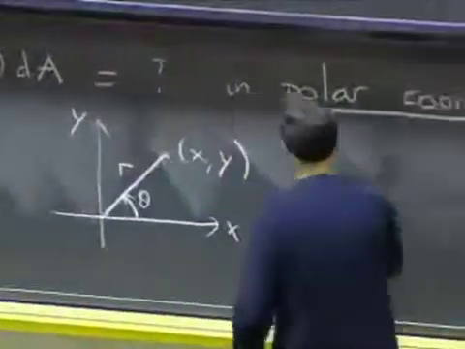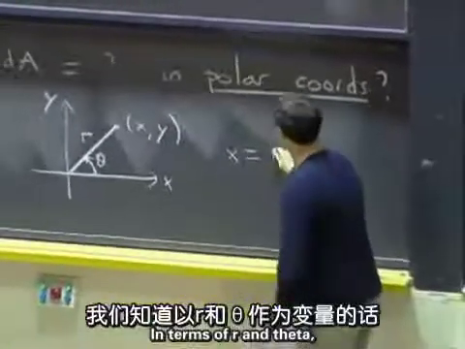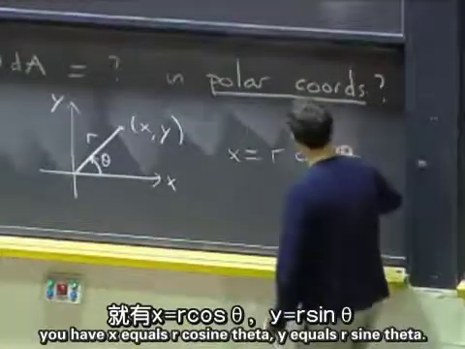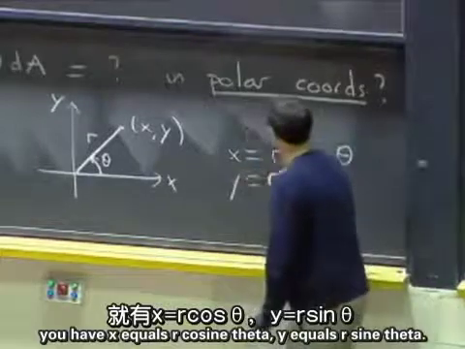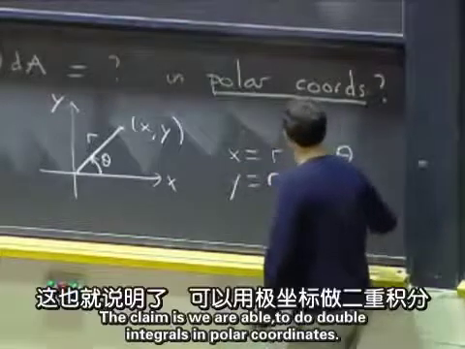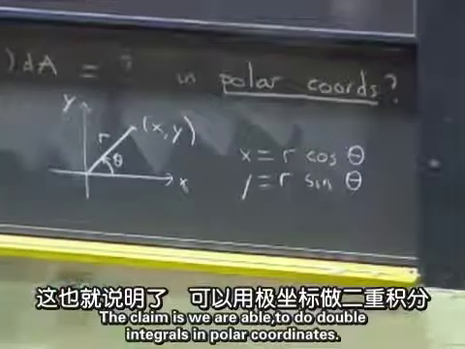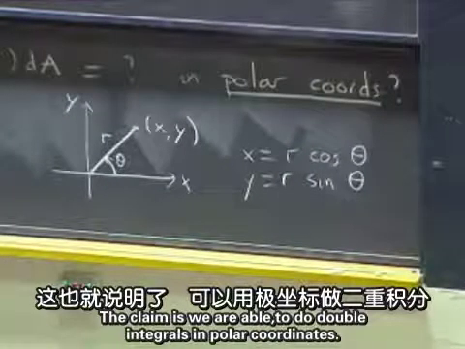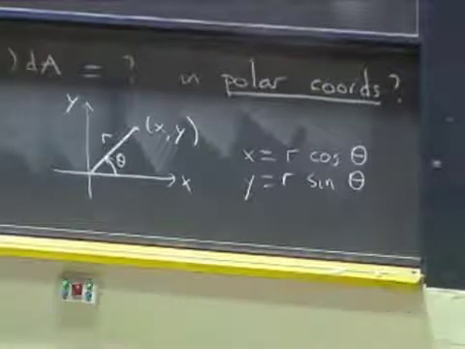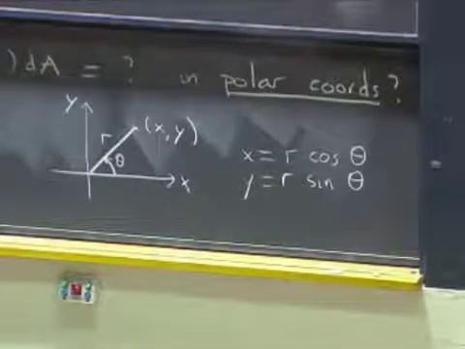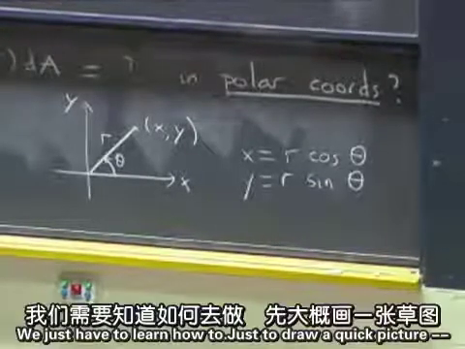So in terms of r and theta, you have x equals r cosine theta, y equals r sine theta. So the claim is we are able to do double integrals in polar coordinates. We just have to learn how to.